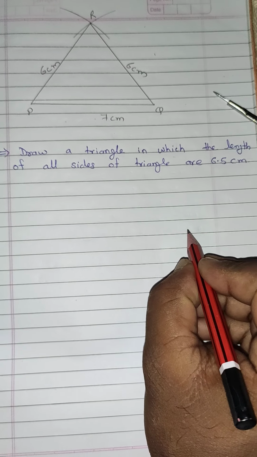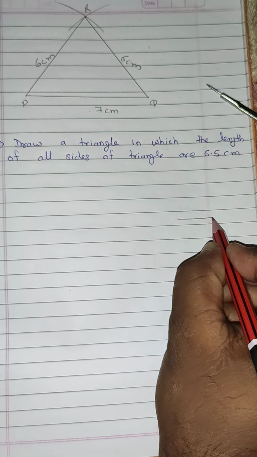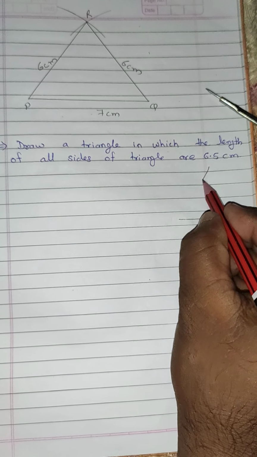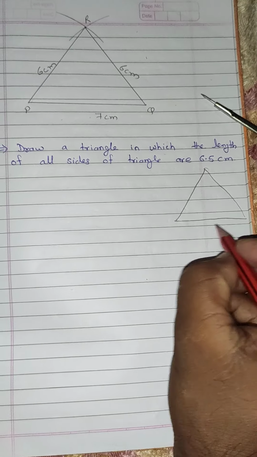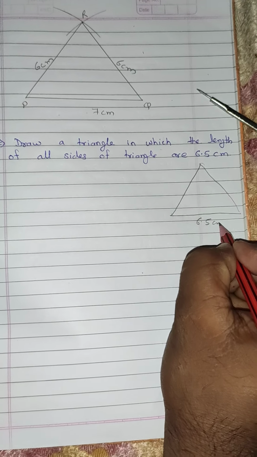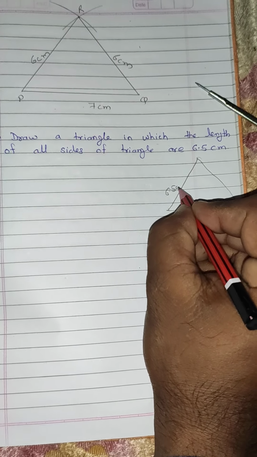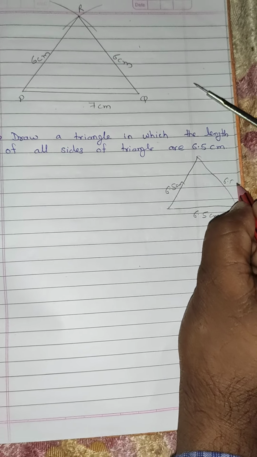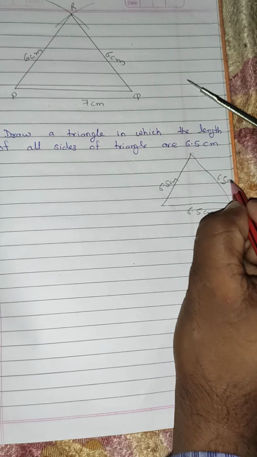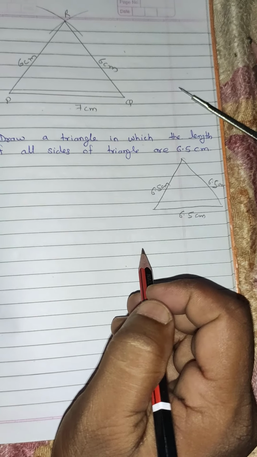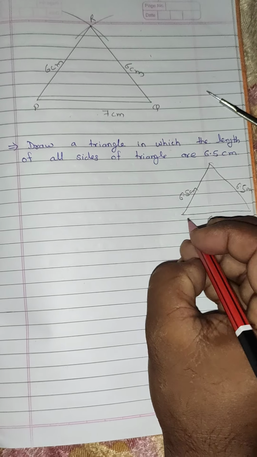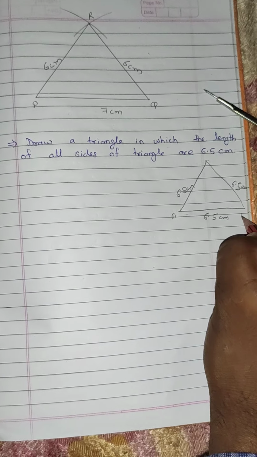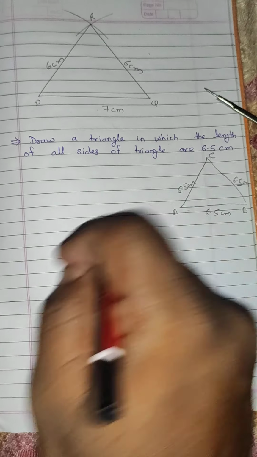Here all sides are the same: 6.5 centimeter, 6.5 centimeter and 6.5 centimeter. Here also no name is given, so you can give a name as per your convenience, like I am giving the triangle ABC.